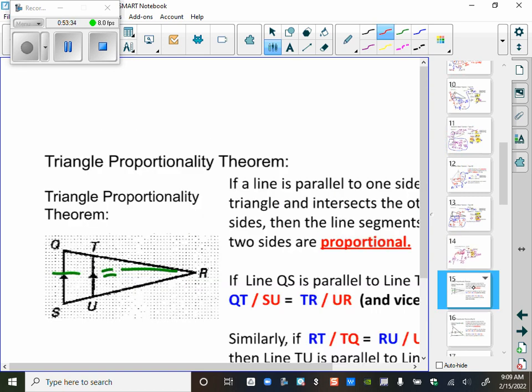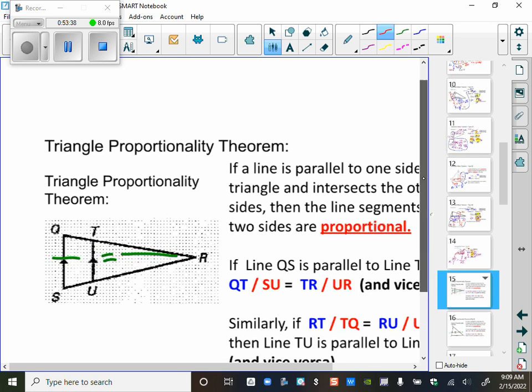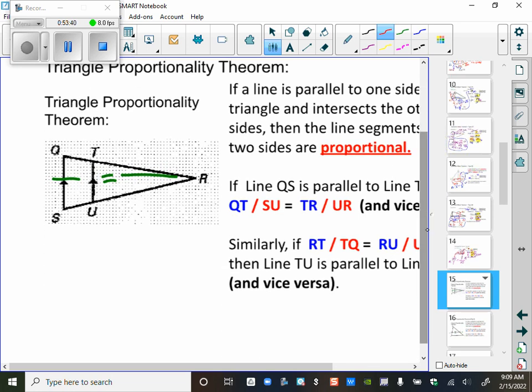Okay. Don't worry so much about the words. Basically, you're going to take the diagram, set up your proportion. Basically, these two sides on top are going to be proportional to these two sides.